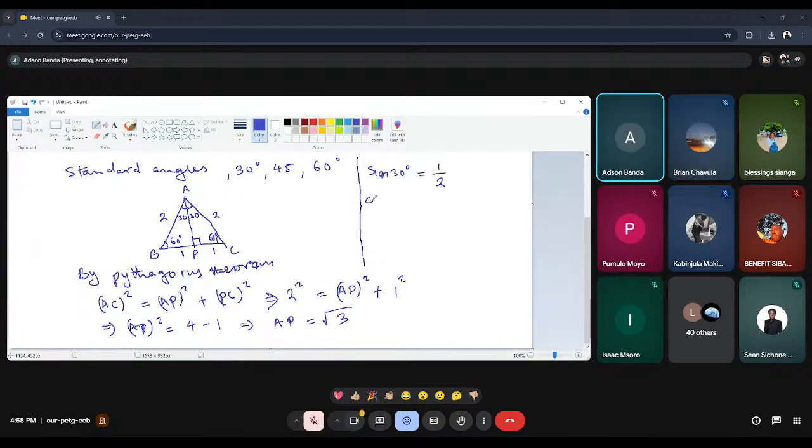The second is, of course, the cosine of 30 degrees. Again, any of these right-angled triangles, you can see that what you are going to get, because we found this as root 3, so we are going to get root 3 over 2. So that is the cosine. And of course, the tangent of 30 degrees is just the opposite over the adjacent, which is 1 over root 3.